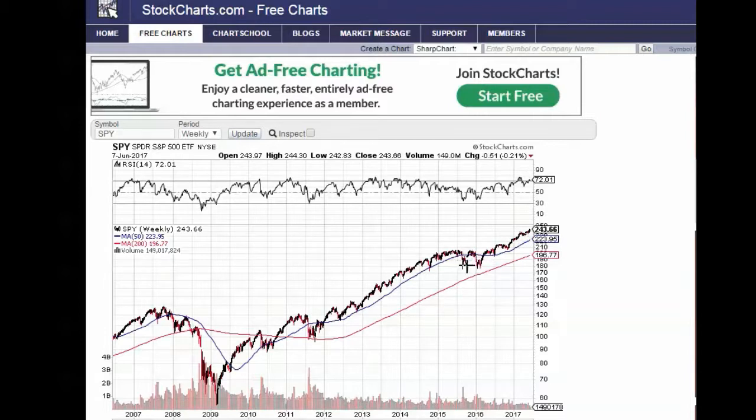These minor corrections, which I don't want to go into too much detail and overwhelm you, but if the market goes down 10% or less, that's considered just a little correction. It's no big deal. It's never going to go straight up. You'll see every year it has a little correction. But a bear market is when it goes down more than 10%.